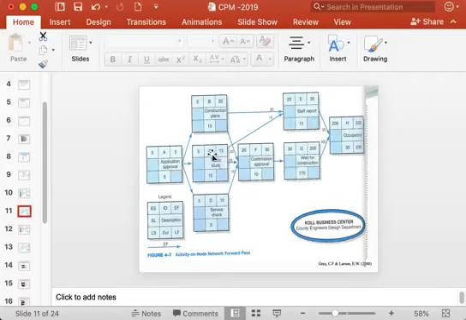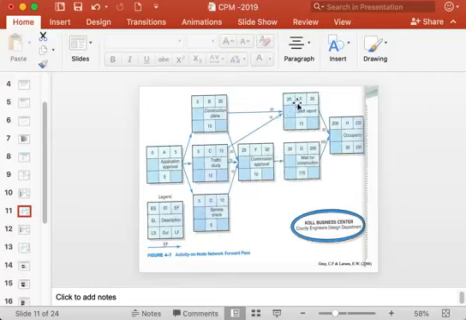Similarly, activity C can finish at the earliest after 10 plus 5 time units, 15 time units, because C can start only after 5 days, and the activity C itself will take 10 time units, and at the earliest it can finish after 10 plus 5, 15 time units or 15 days, for example. Similarly, D can finish at the earliest after 5 plus 5, 10 time units.